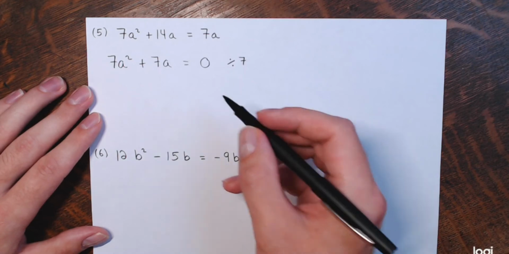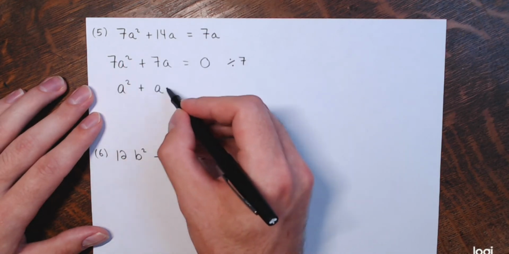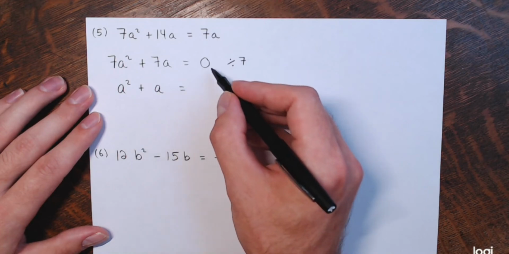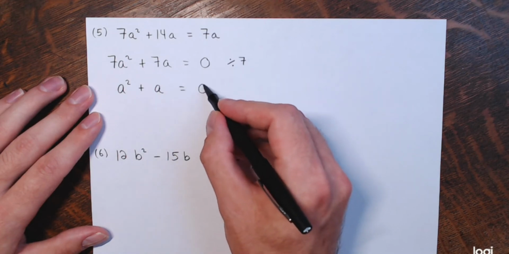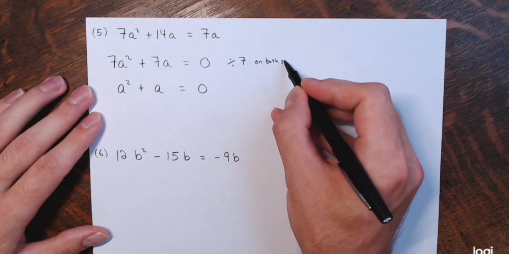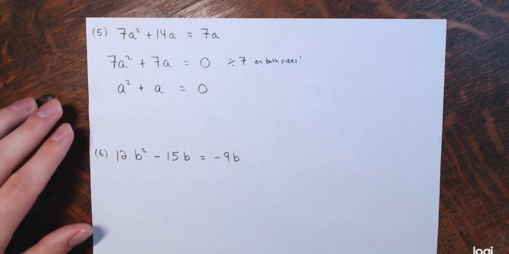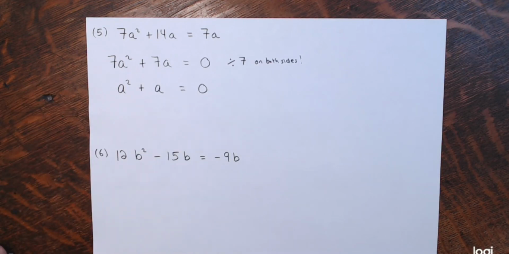That'll give me a squared plus a, and then 0 divided by any non-zero number is 0. I just divided by 7 on both sides because I noticed that all the coefficients had a common factor of 7. Dividing by 7 will just make the numbers smaller and easier to work with.